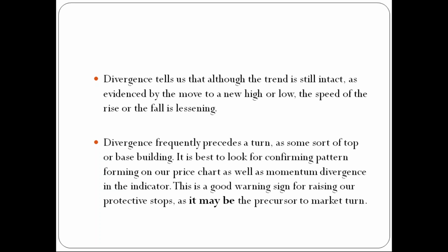If the momentum divergence is confirmed by the price chart, right? Suppose we are making a double bottom, a W pattern, and the indicator is showing us a turn. It has made a higher low. So it may give us a little bit of confidence. Yes, the market may turn, and this divergence may be the true divergence.